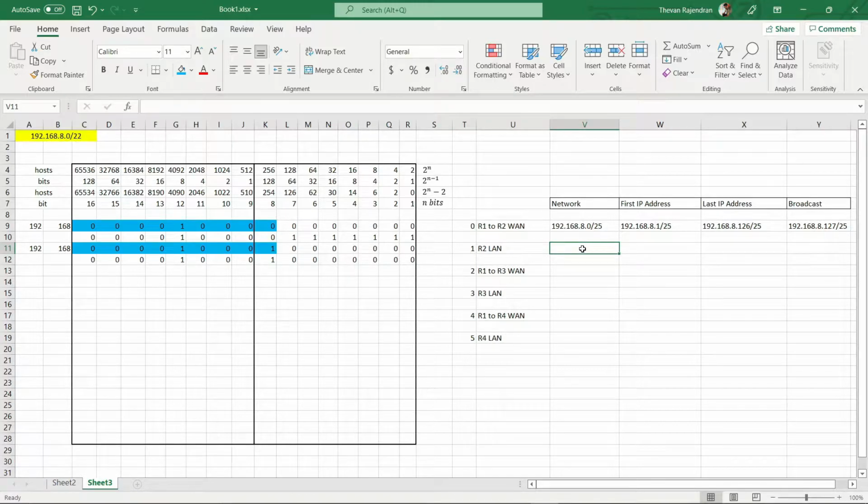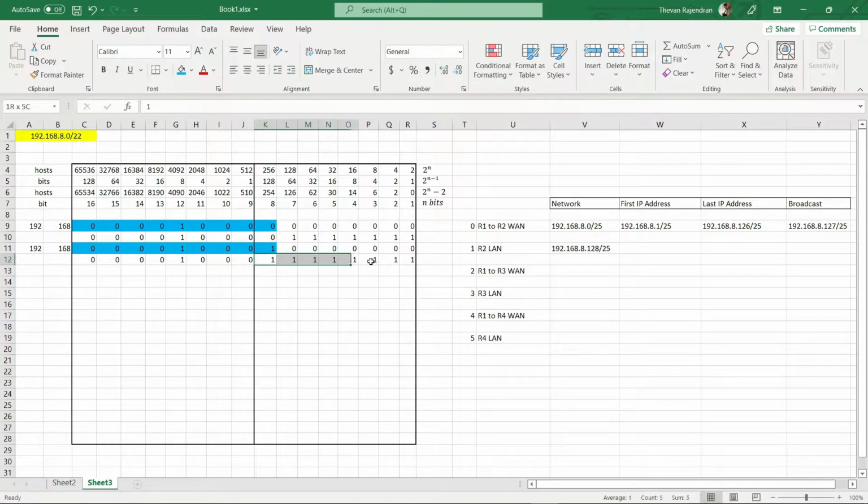And for the network, it will start from 192.168.8.128/25. The 128 comes from here. Since there are 1 here, it will get the 128 IP address. So for the broadcast, we will be also adding the 1 after the highlighted places.